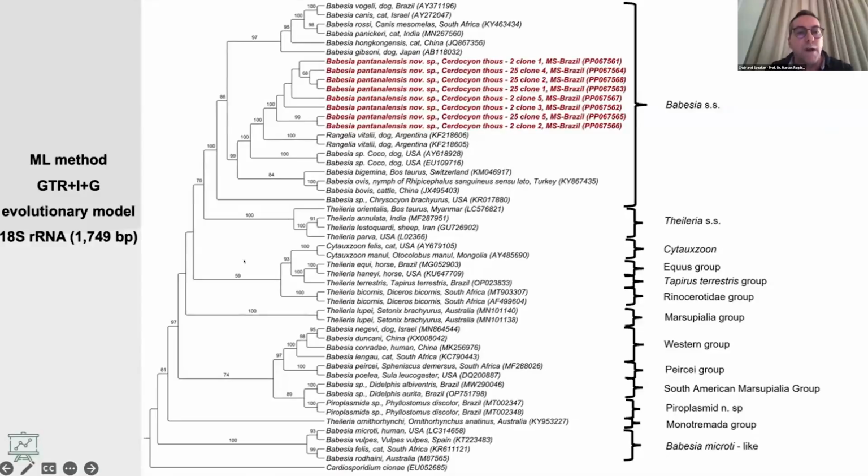So this is the phylogenetic tree based on the near complete 18S rRNA, but we had to show it based on other distinct molecular markers.